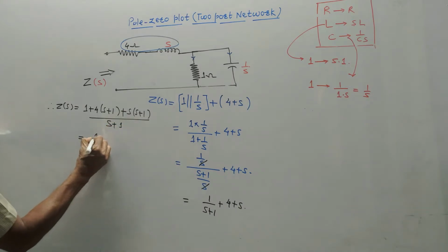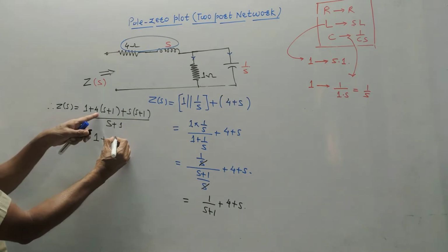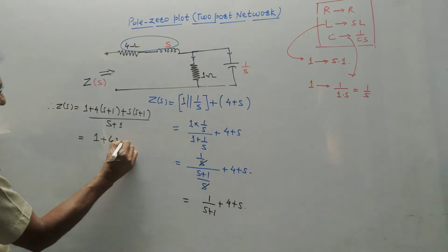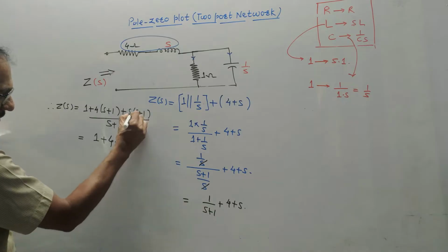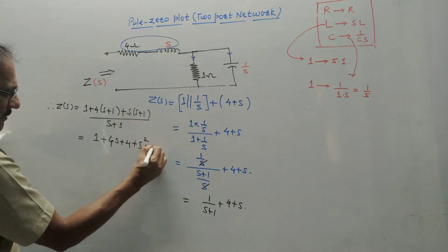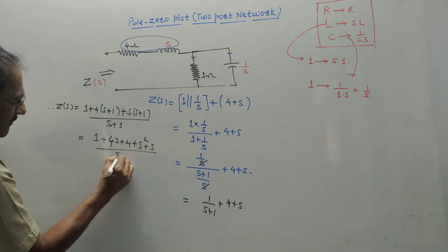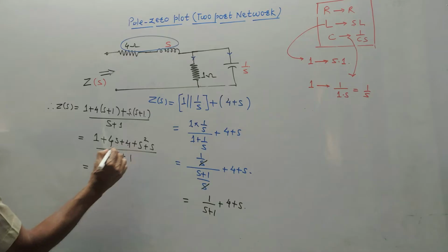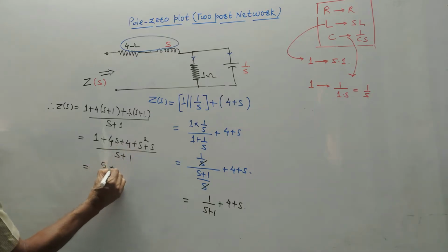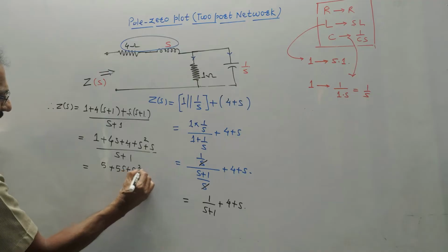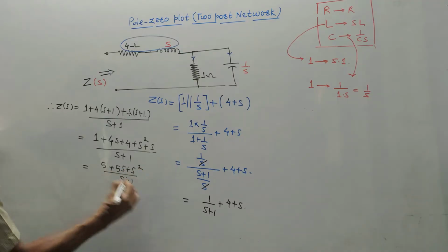Let us simplify it further. 1 plus, multiply every term inside the bracket by 4. So it is 4S plus 4, plus, multiply S plus 1 by S. So it is S square plus S, upon S plus 1. So it becomes 4 plus 1, 5, plus 4S plus S, 5S, plus S square, upon S plus 1.